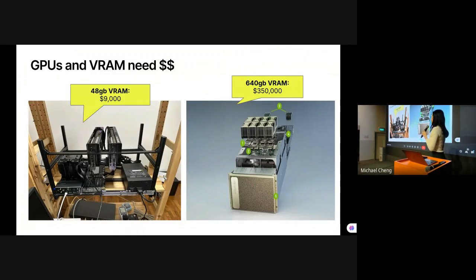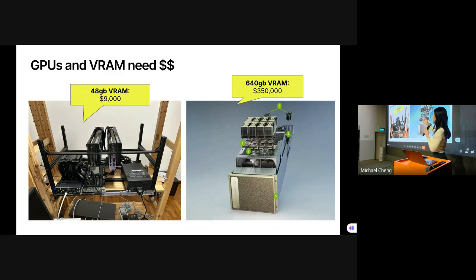And therefore, for Homebrew, a small group of tinkerers and hobbyists, they decided to build their own GPU rack, very homemade, and make a comparison between the cost and also the memory and computation.